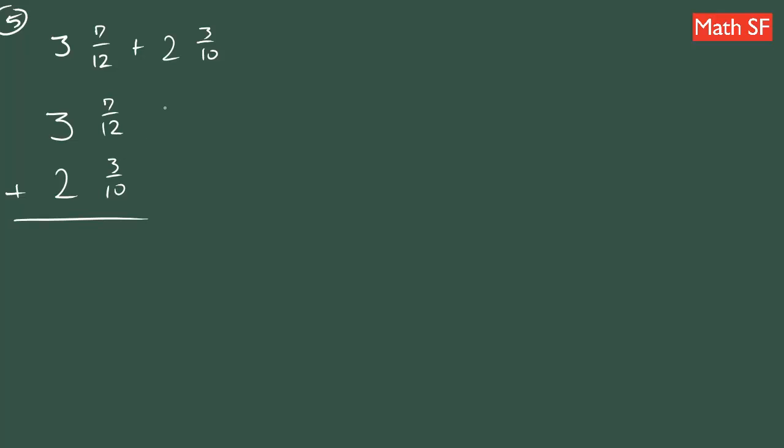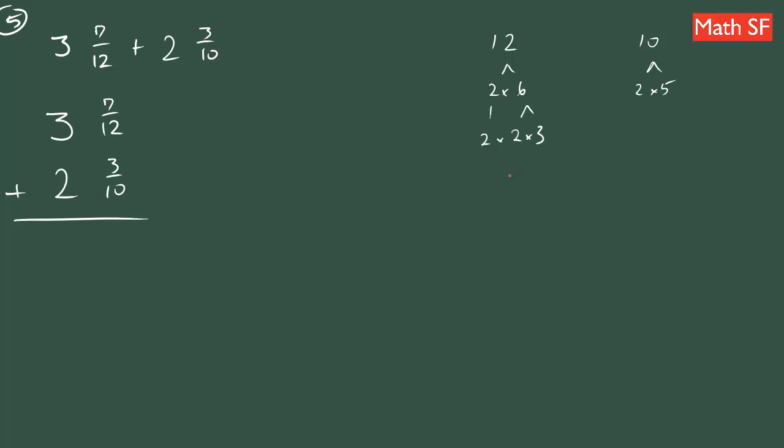However, they don't have the same denominator, so let's find the LCD between 12 and 10. What will that be? On the side, we need to do that work. So let's do 12 and 10. 12 is 2 times 6, and this 6 itself is 2 times 3. Now this 10 should be 2 times 5.